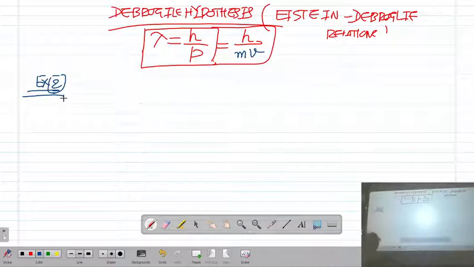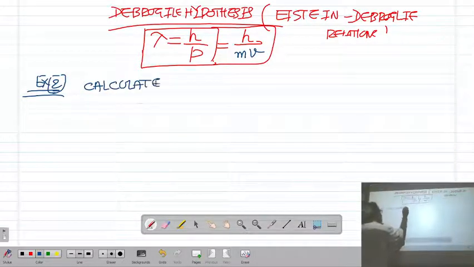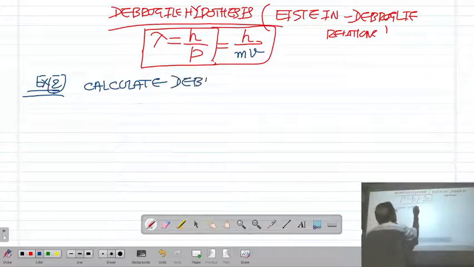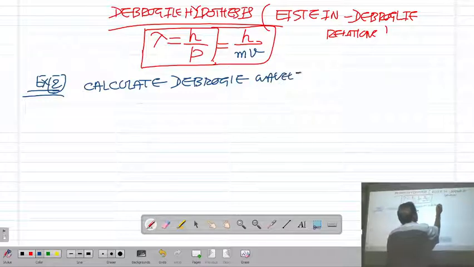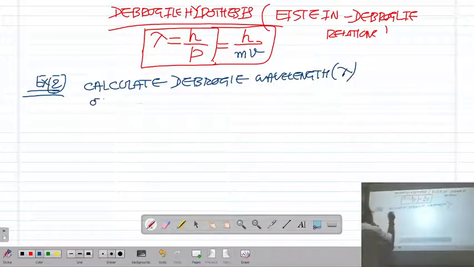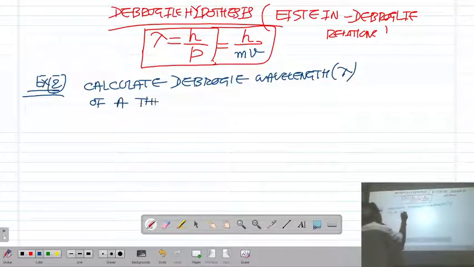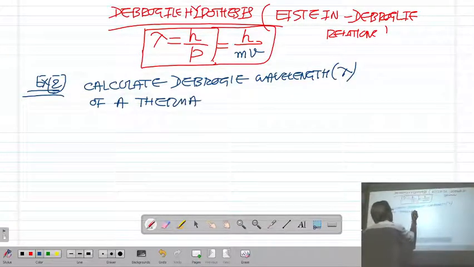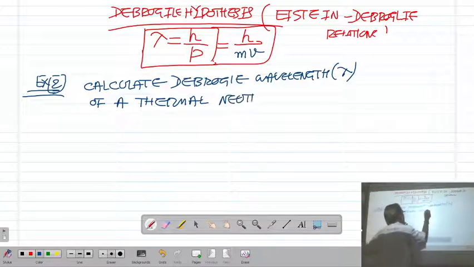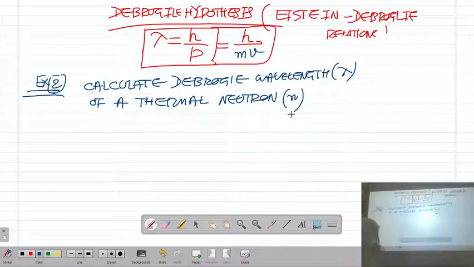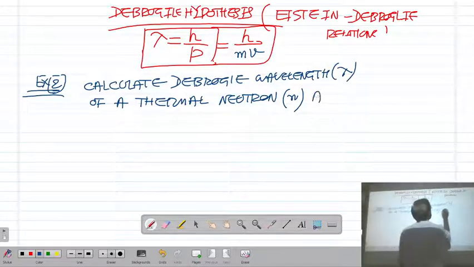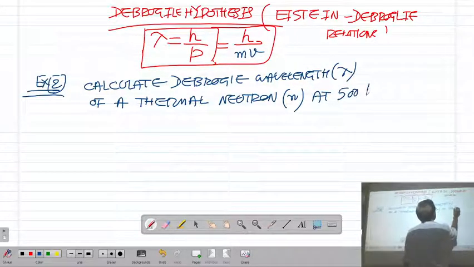Calculate the de Broglie wavelength of a thermal neutron at 500 degree Kelvin temperature.